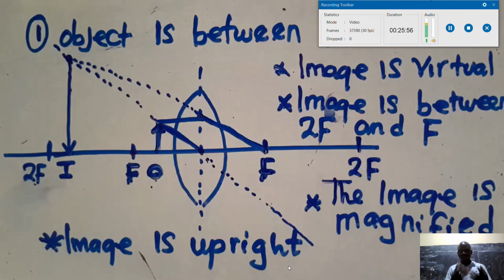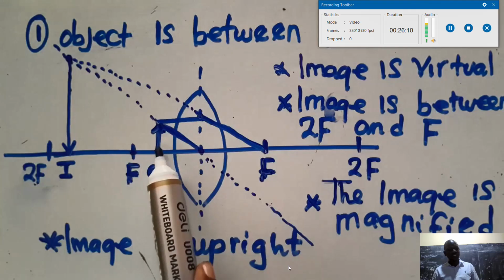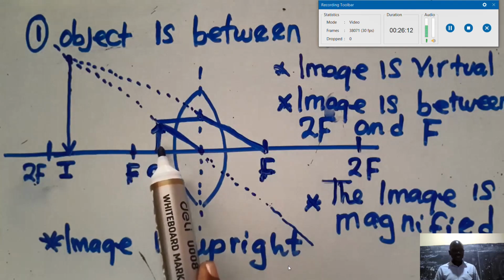But this particular position where the object is between F and C, we say the image is virtual. It is between 2F and F. Now the image is magnified, and lastly we say the image is upright.